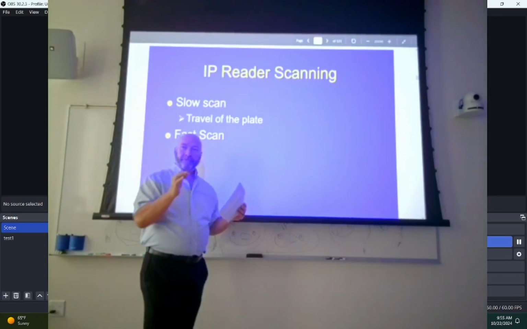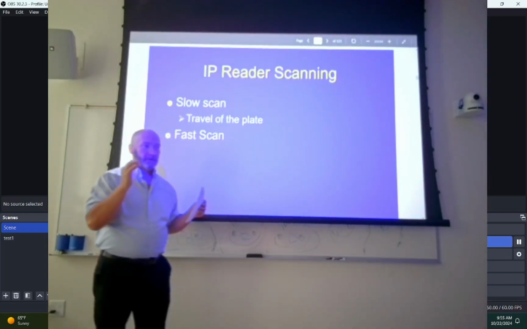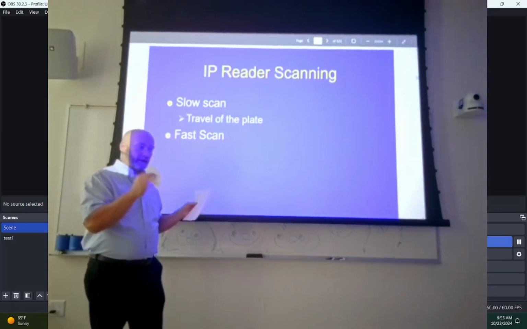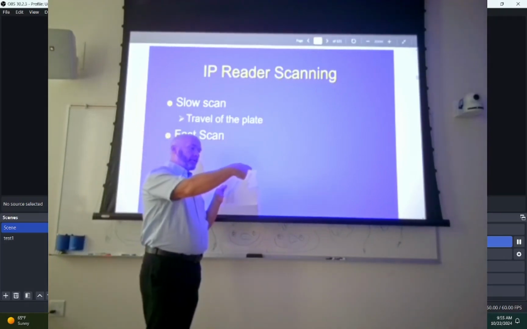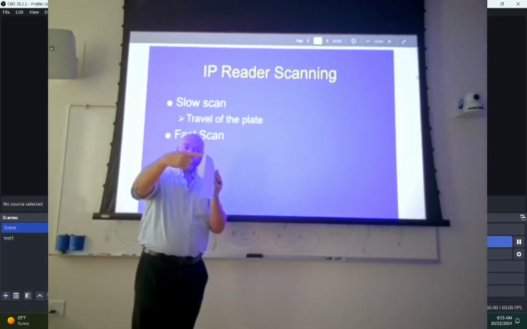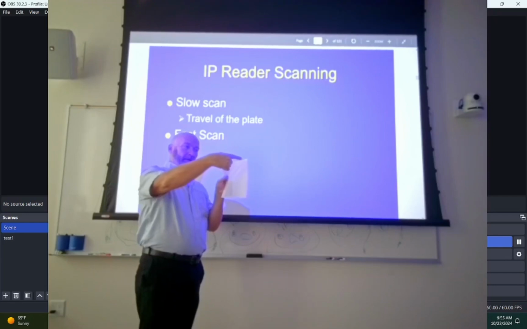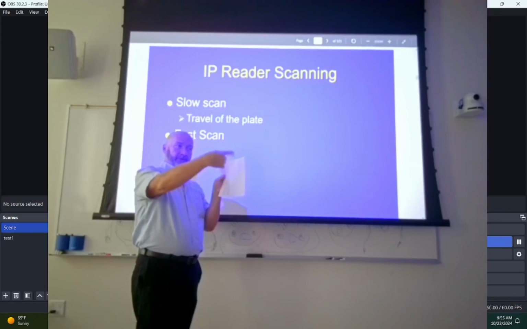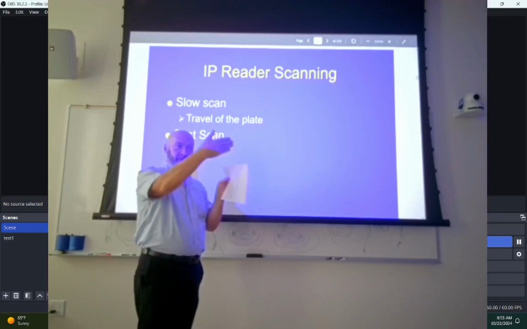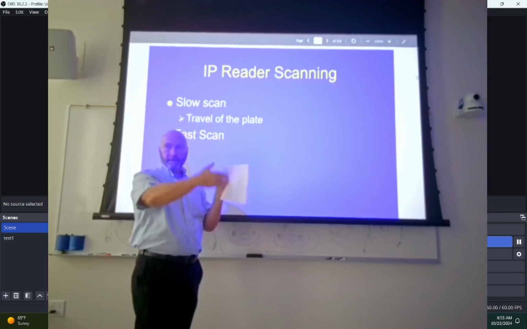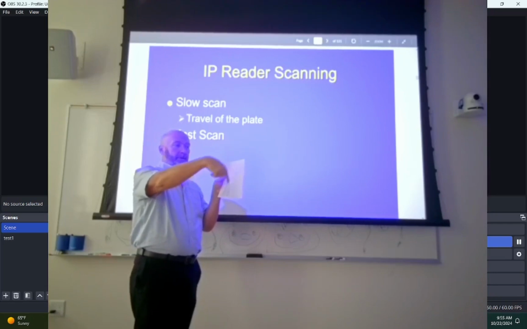So you need a very fine, focused laser. But the laser is going to be in one spot, and as it pivots, it just pivots back and forth like this. It doesn't just travel up and down, which would be less efficient, but it pivots.